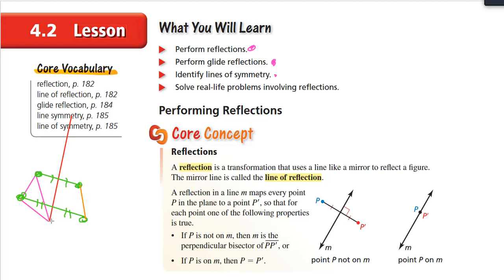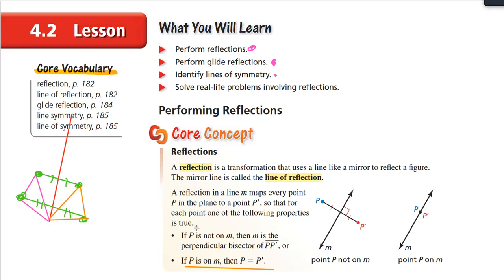This third point right here, this is what they're talking about. If the point is on M, in other words, if the point is on the mirror line, the reflection line, then the point and its reflection, or its image, are the same point. So that's why we got this right here.